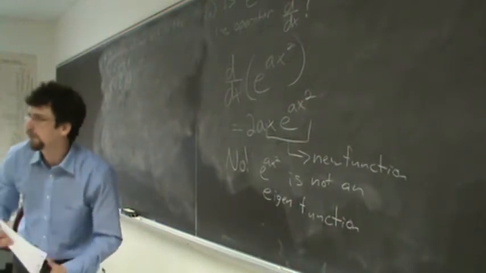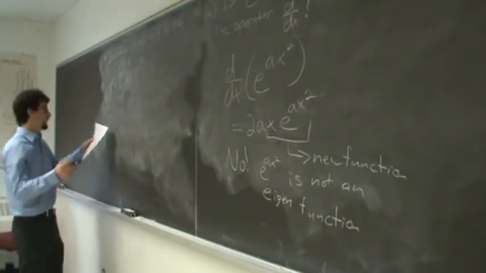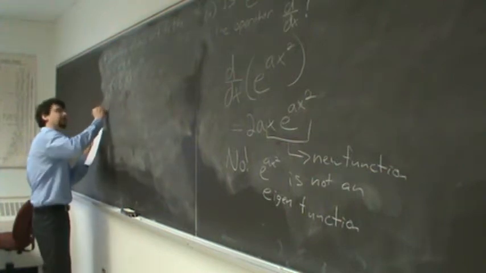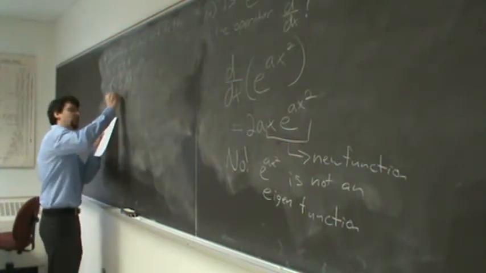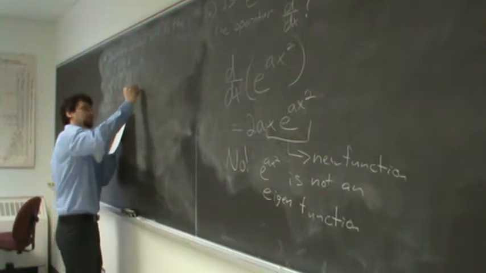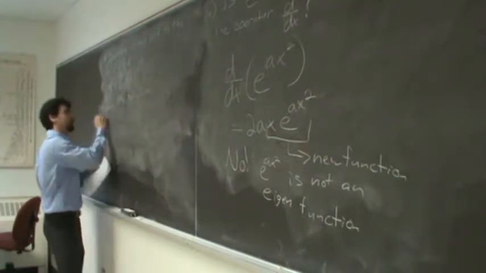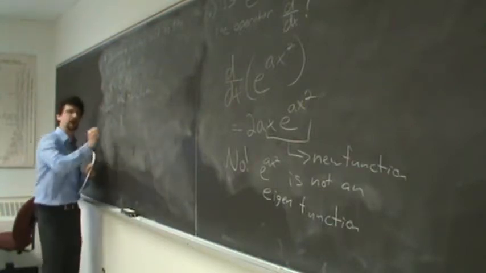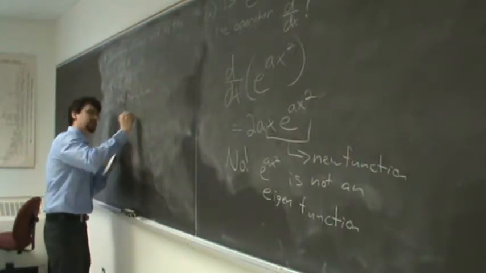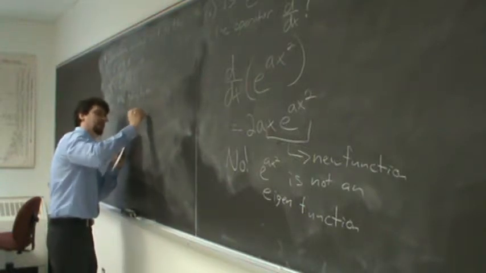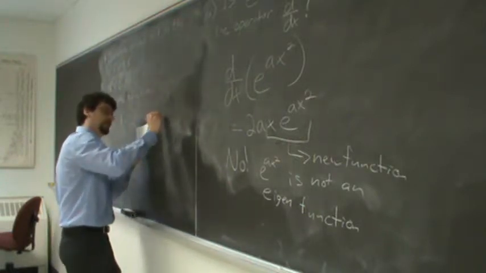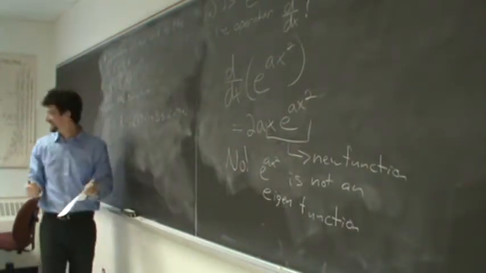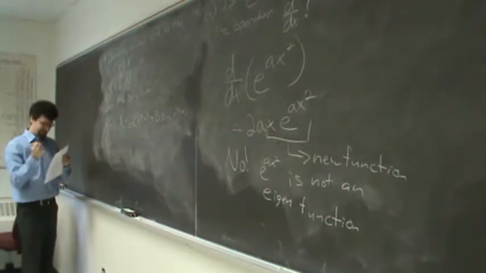Okay, do you want to look at another example of an eigenfunction problem? A more complex one? Yes, please. Okay. Let's look at a combination of sines and cosines. So, given the function where psi of x is equal to a, which is just some constant, cosine n pi x plus b sine n pi x.